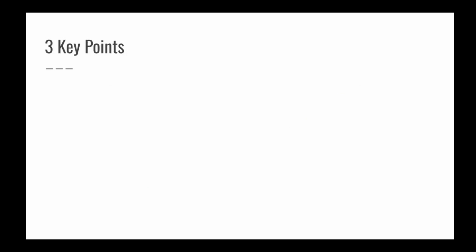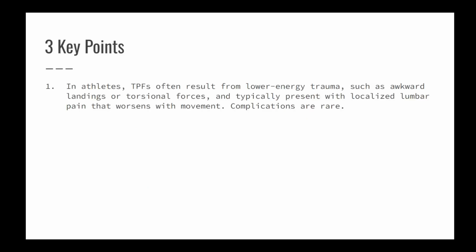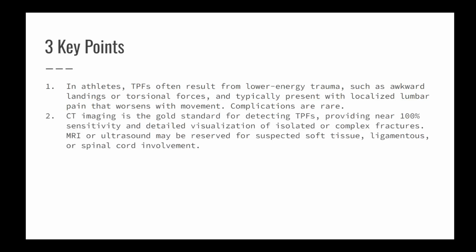So 3 key points about transverse process fractures. The first is they're usually a low energy trauma, such as an awkward landing, maybe some weird torsional force with localized lumbar pain and really no complications. If this is the problem, CT imaging is the gold standard. It's very sensitive, provides very good visualization.